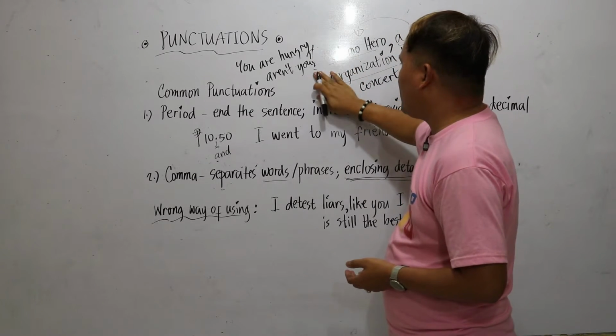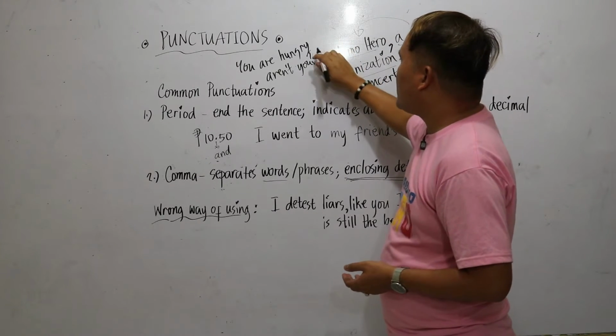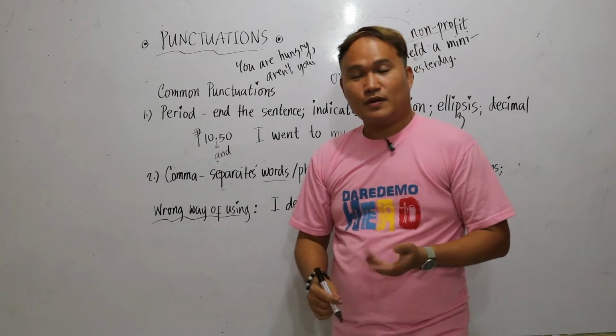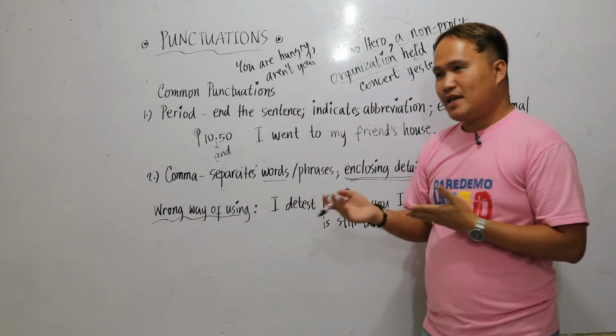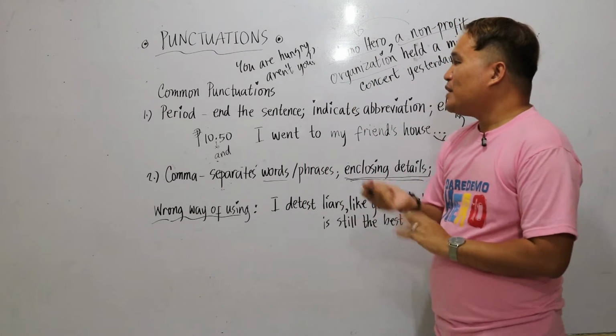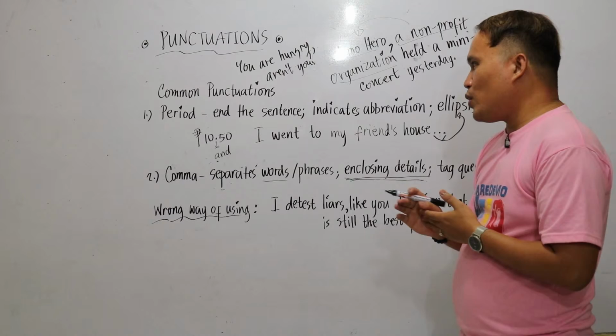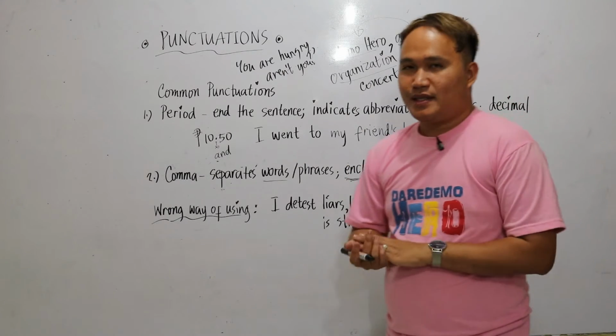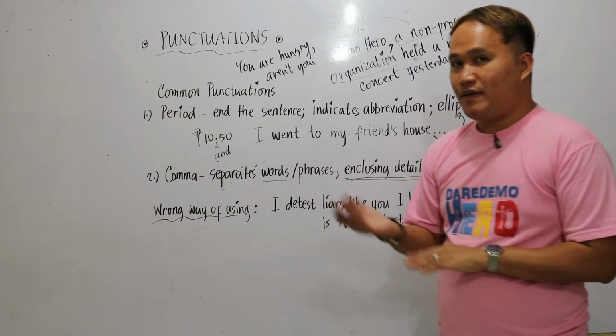Sorry, I have to erase this. So there's a comma there. You are hungry, aren't you? Okay. We'll talk more about tag questions later in my coming videos. Okay. So that's it. That's the role of period and commas in our sentences. That's how important they are.